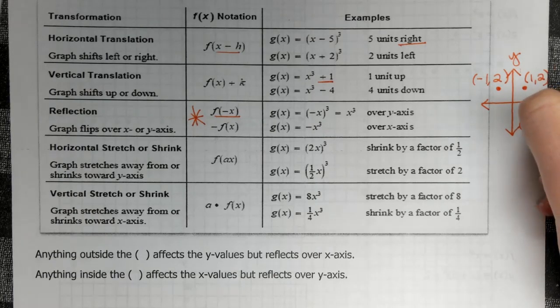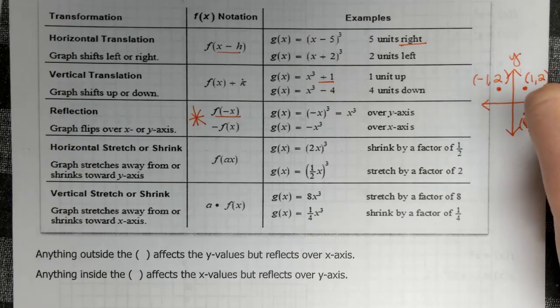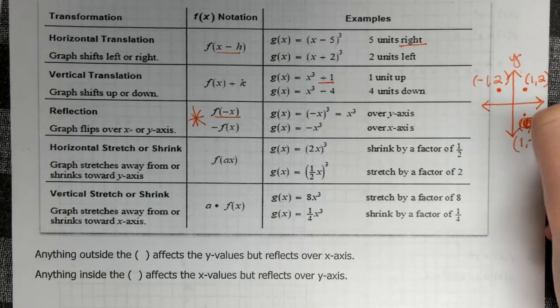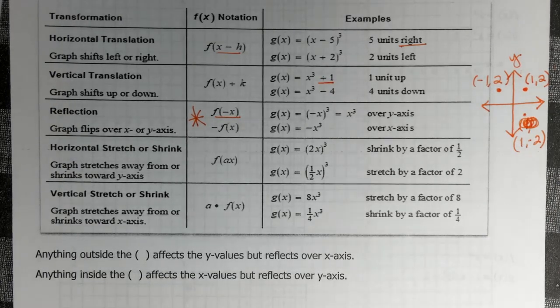Oh, that's supposed to be a 1. We're going to just erase that, or scratch through. 1, negative 2. Okay, so I made the y negative, but I flipped over the x-axis. Okay, so those axes are going to be totally different than what it shows. Okay, so you got to be careful when you're writing. When you tell me it's a reflection over the blank axis, make sure you're paying attention to that.